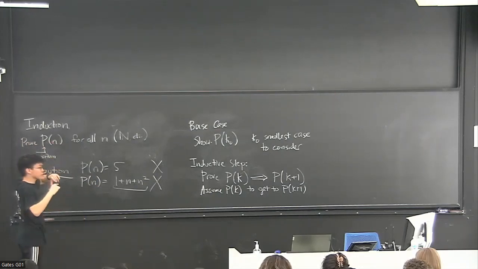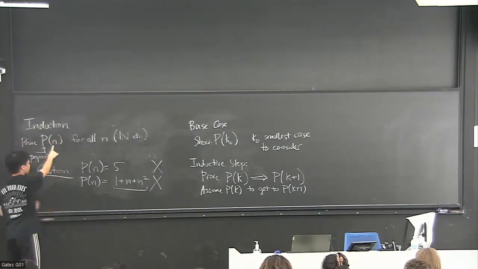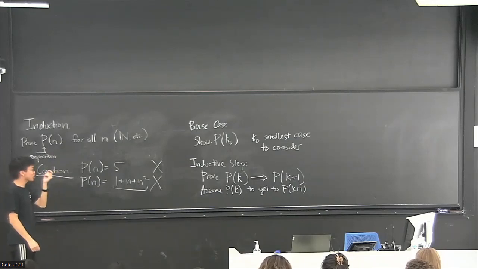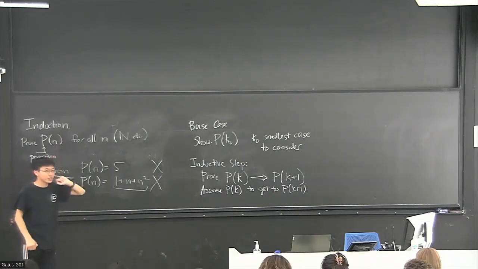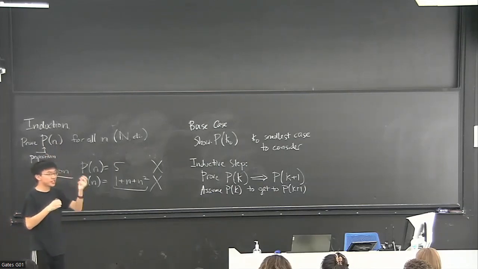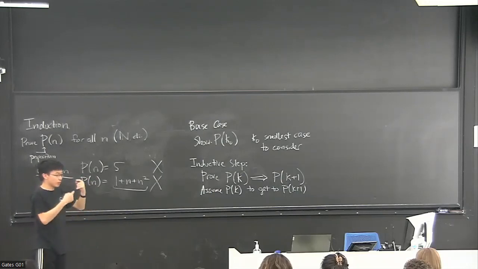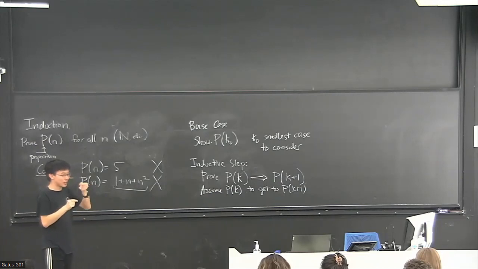Here the goal is to prove that P of n is true for every n. But the specific statement P of n is the specific statement P applied to the specific value n. So you don't want to say P of n is something something something for all n. P of n means apply the proposition P to the specific value n, not apply proposition P to every value of n.